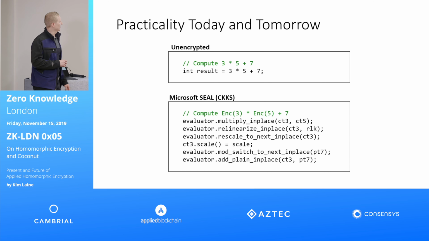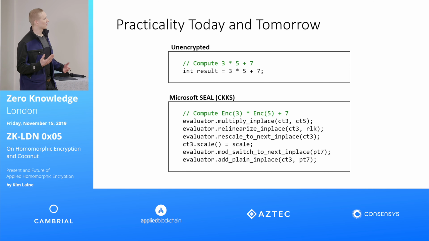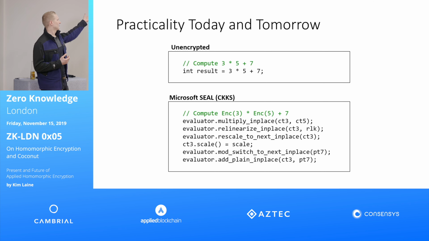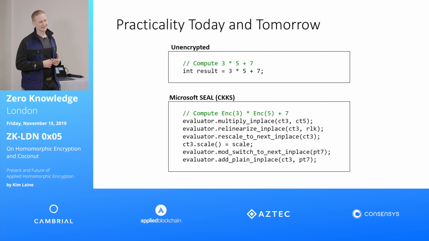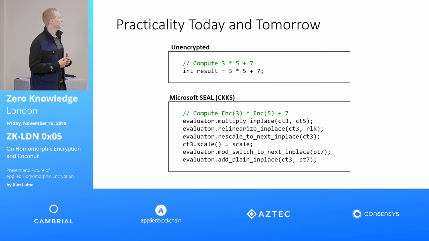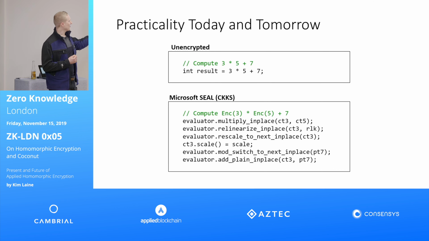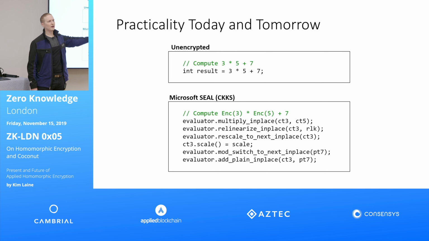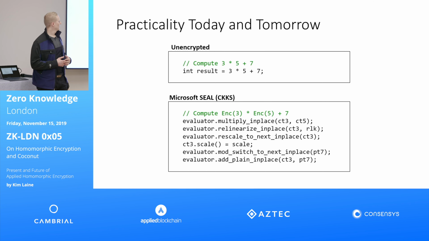Here's a really silly slide that shows what it looks like to write some very simple encrypted computation with the API from our library. So this is with the CKKS scheme. Well, the first box is obviously a joke because it's very easy to compute 3 times 5 plus 7. But if you want to do encrypted 3 times encrypted 5 plus unencrypted 7, this is possible.